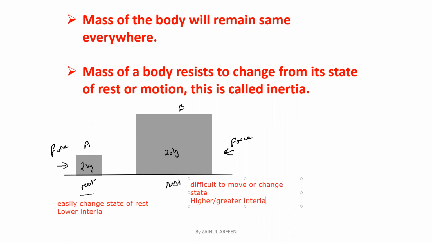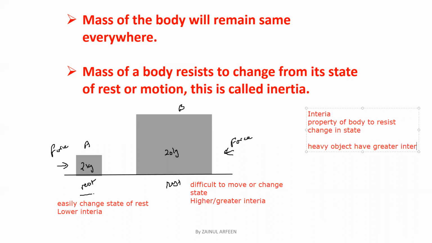So basically, inertia is a property of a body to resist the change in state. The definition of inertia: the property of a body to resist change in state, and heavy objects have greater inertia than lighter objects.